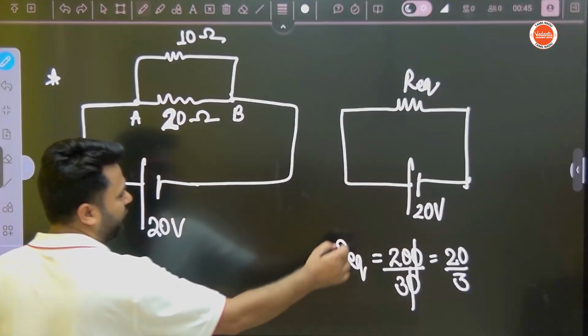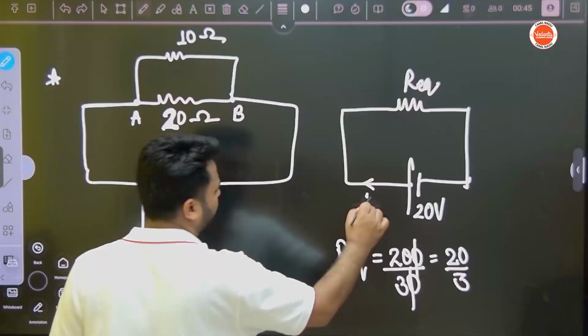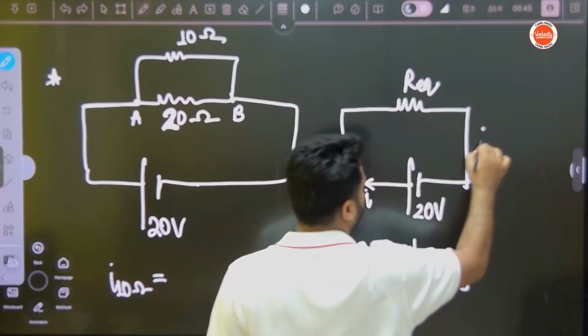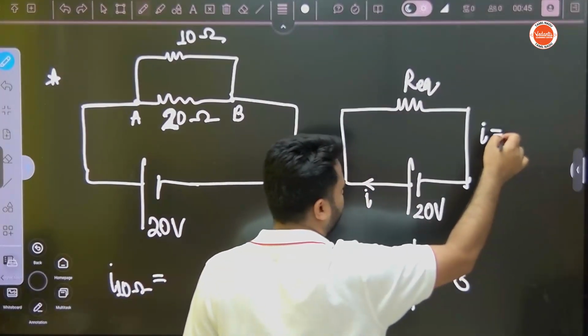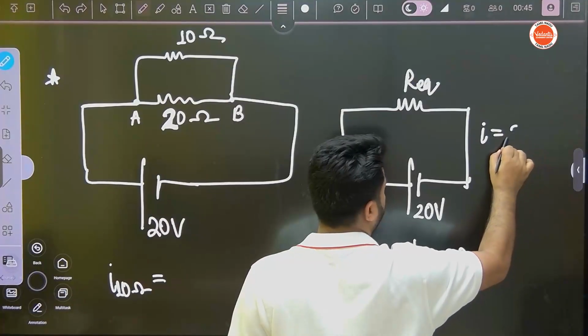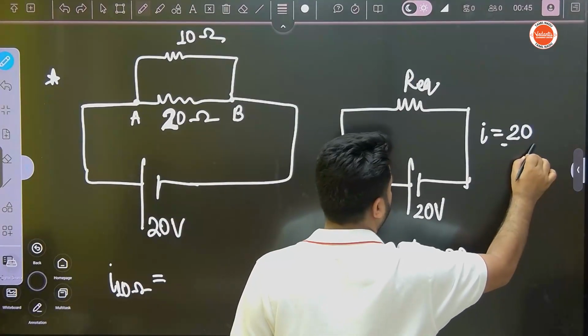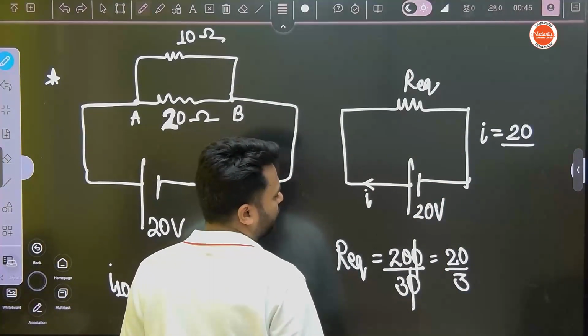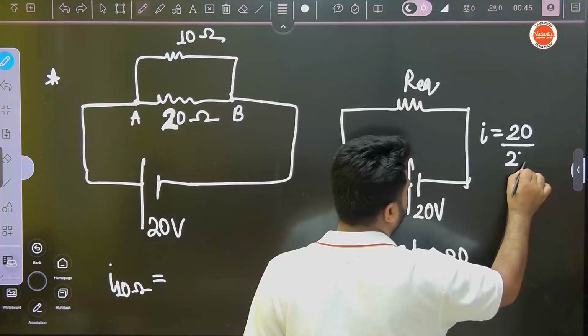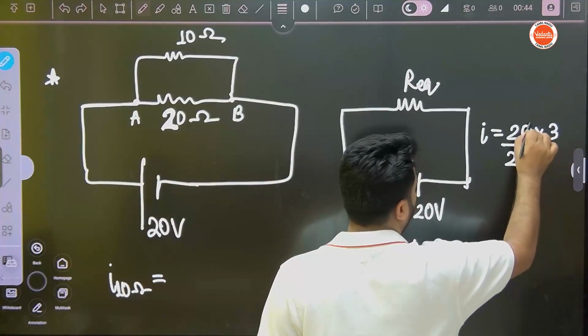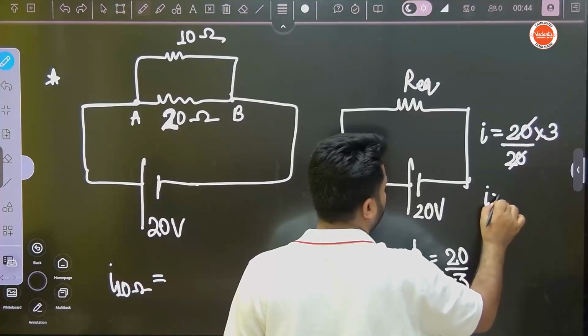What is the current from the battery? This current I am asking. So current will be, see, V equals to IR, I equals to voltage divided by resistance. Voltage is 20 divided by net resistance, 20 by 3. So how much? 3 ampere.